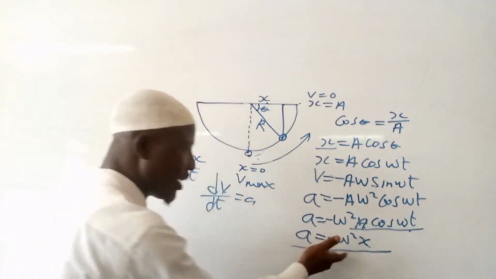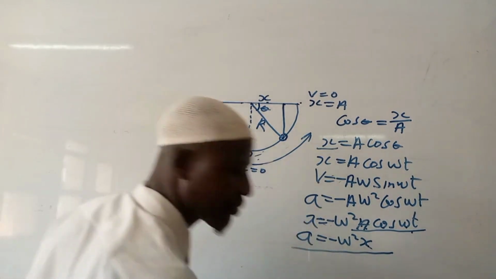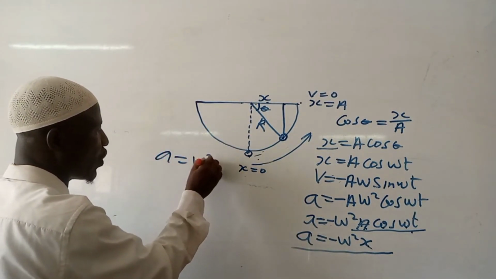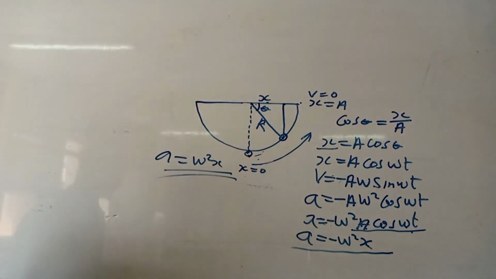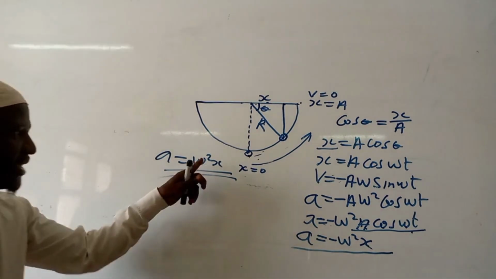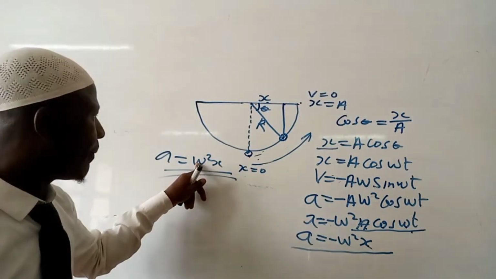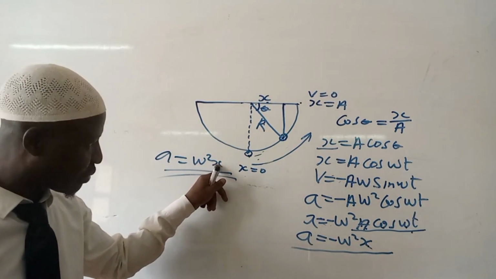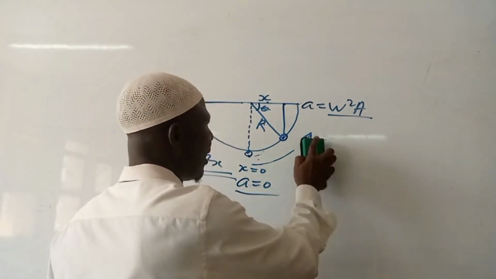So if you want to apply the formula, you apply it as a is equal to omega square x. So this is the formula for acceleration under simple harmonic motion, where omega is 2 pi f or 2 pi over T. Then this x is what? Displacement.